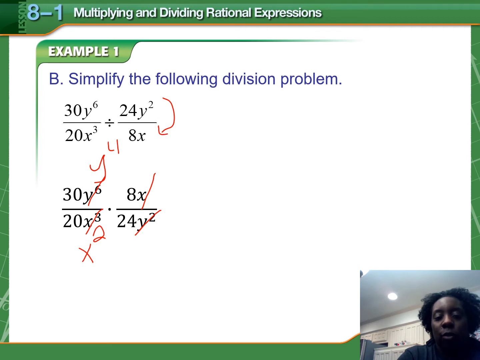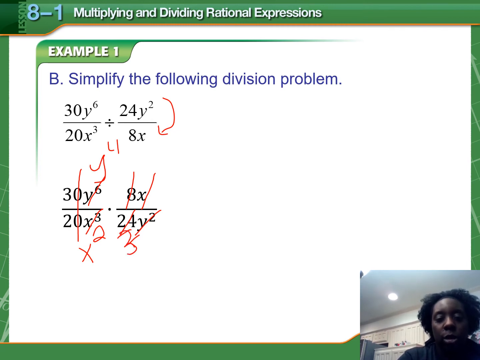So 30 over 20, both can be divided by 10. I'm just going to do that so I can see. It's just easier to look at. So we have 3 over 2. Now let's reduce that 8 over 24. 8 does go into 24, so they share 8. 8 divided by 8 is 1, and 24 divided by 8 is 3.